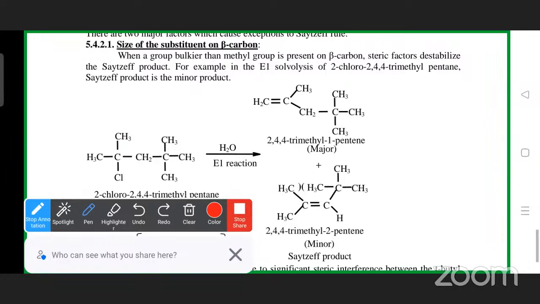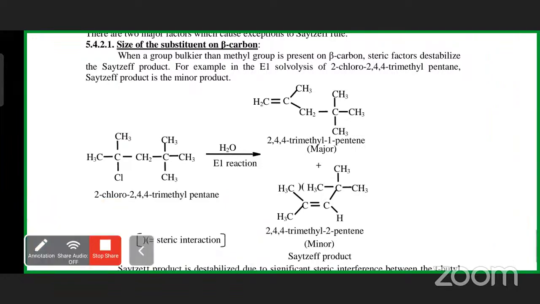That's why the Saytzeff rule is violated in the case of bulky substituents on the beta-hydrogen-carrying carbon.